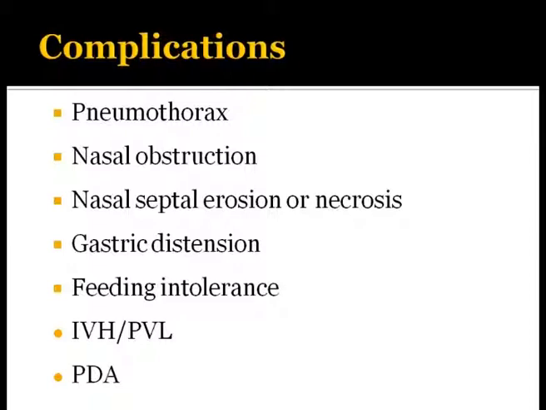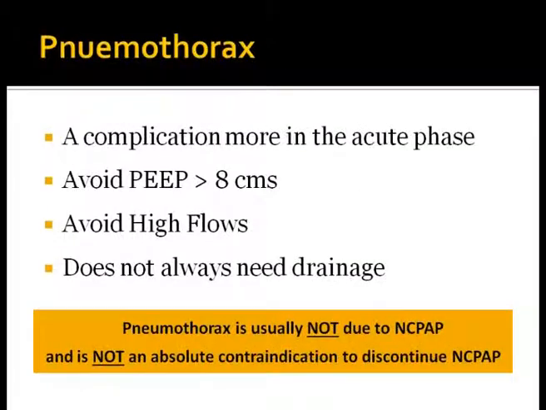Complications are mainly nasal obstruction, injury, pneumothorax and CPAP belly. Pneumothorax mainly occurs at the time when lungs are stiff in the acute phase of disease. Usually, high PEEP levels more than 8 cm of water are responsible for air leaks.